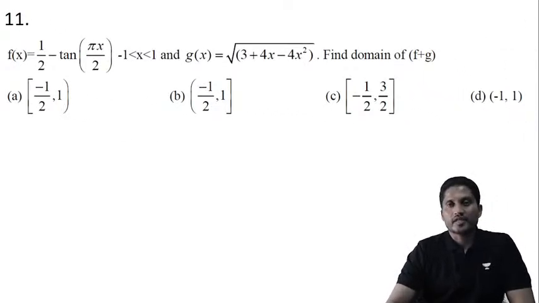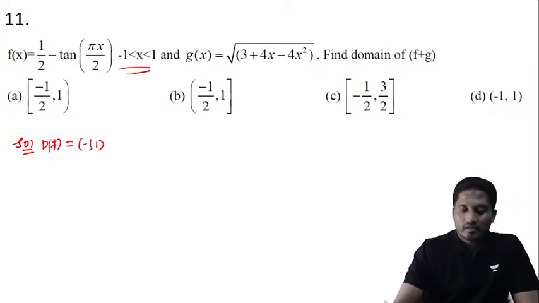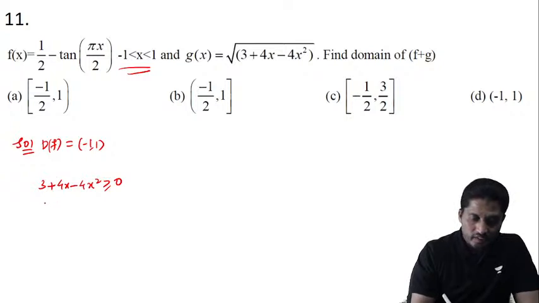Alright, now I'm supposed to find the domain of f plus g. Domain of f is already given. That is open interval -1 and +1. This is already given. Now g of x is defined when 3 plus 4x minus 4x square should be greater than or equal to 0, right? If you multiply by minus, inequality will change. 4x square minus 4x minus 3 is less than or equal to 0.